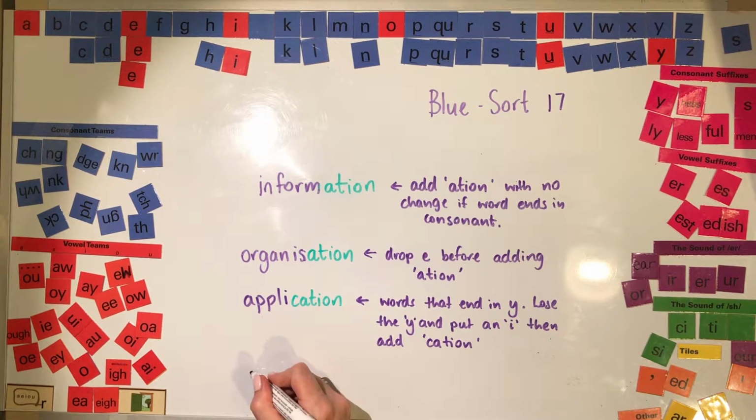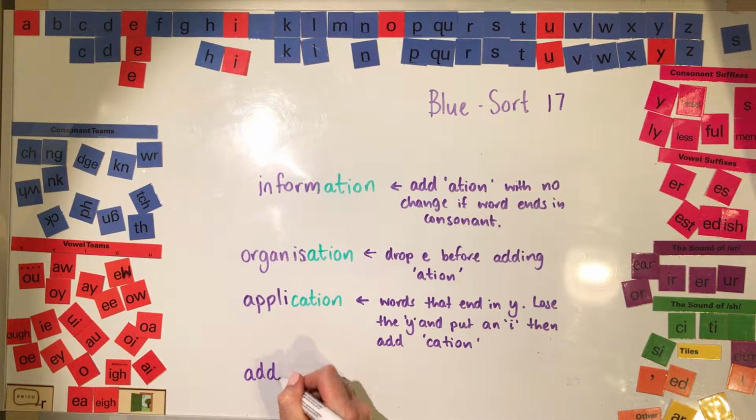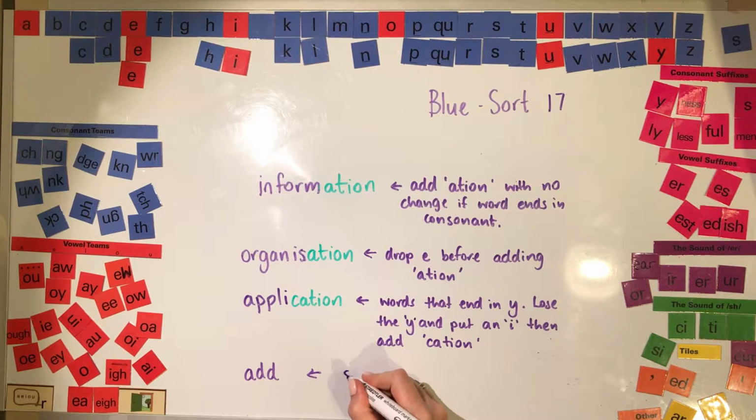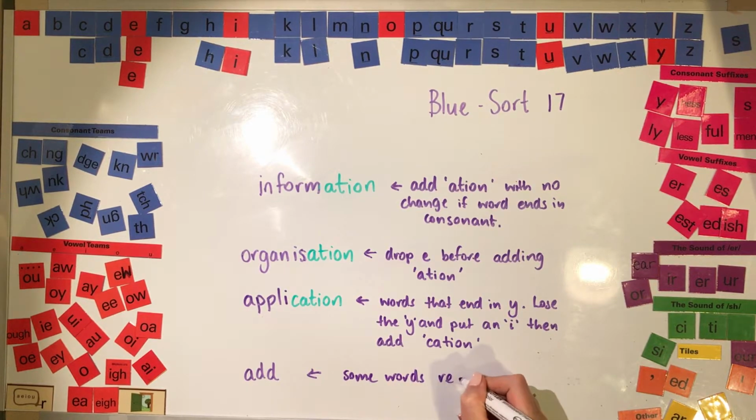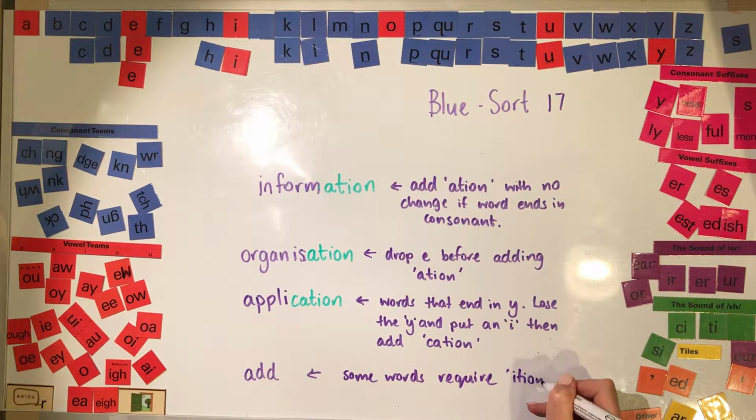And then we've got add. We've got a few words like this. It's not so much a rule with these words. We just add ation. Some words require ation. Okay, and I'll just leave it up to you to work out the words that we're going to be looking at.